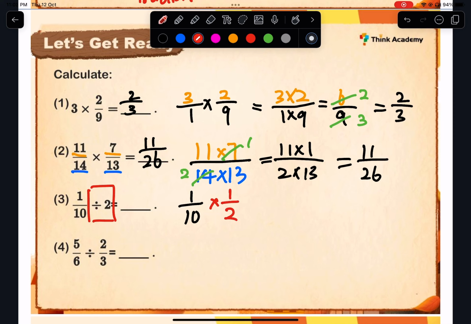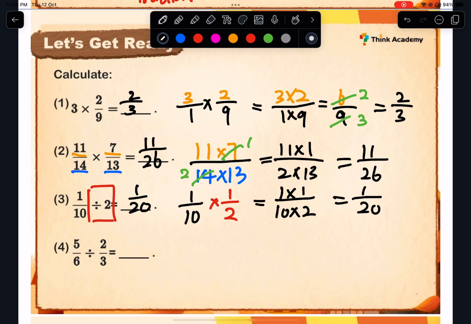So to find the reciprocal, you just have to switch the numerator and the denominator. And because 2 is basically 2 out of 1, the reciprocal is 1 out of 2. Okay, so now we just have to carry out the multiplication. The top two numbers are 1 and 1. The bottom two numbers are 10 and 2. So we do 1 times 1 over 10 times 2. And that would be 1 out of 20. That is exactly the answer.